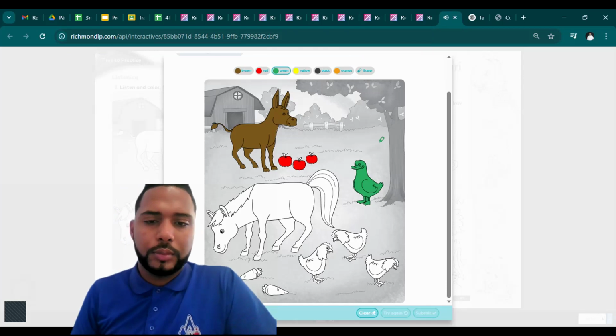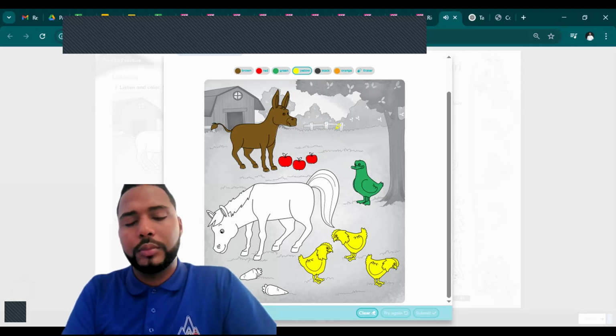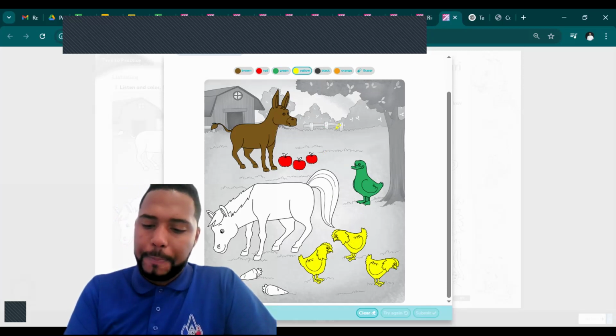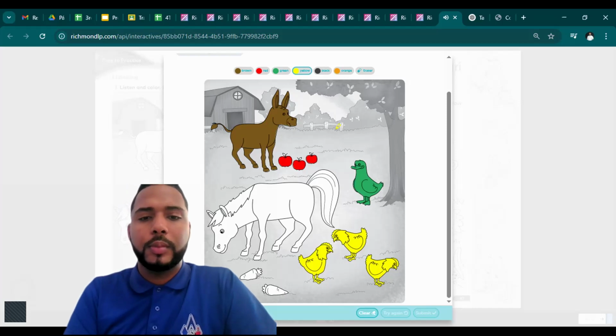Color the chickens yellow. 5. And finally, can you see the carrots next to the horse?